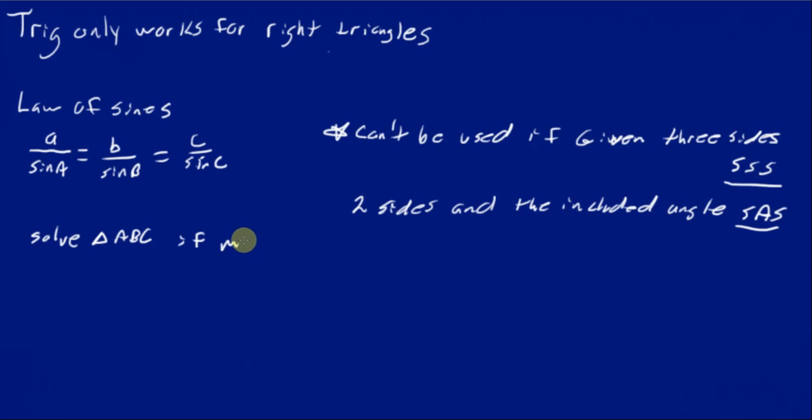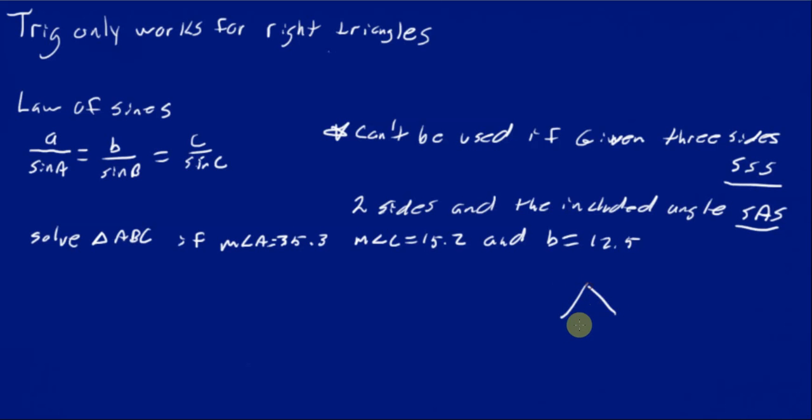The measure of angle A is 35.3, the measure of angle C is 15.2, and side B is 12.5.